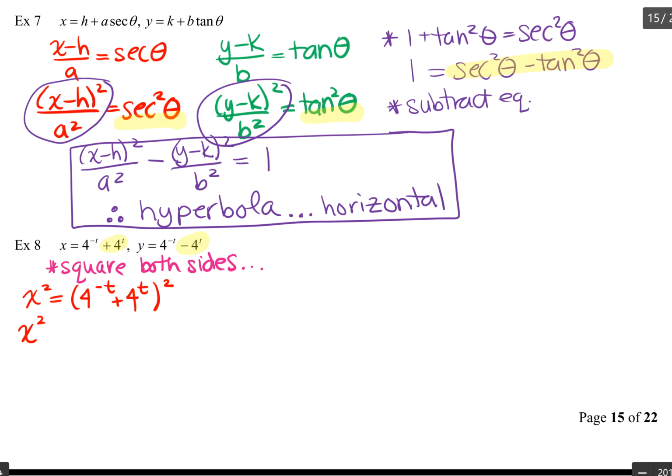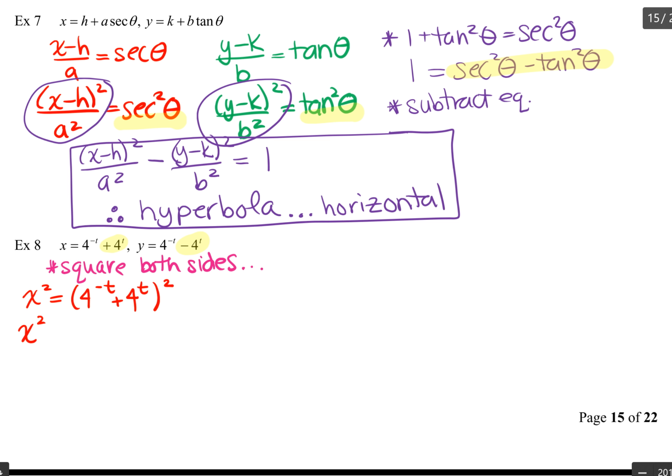Now I'm going to do the same thing with my y. So with my y equation now, let's see here. Y squared is going to equal, and again, 4 to the negative t minus 4 to the t, quantity squared.